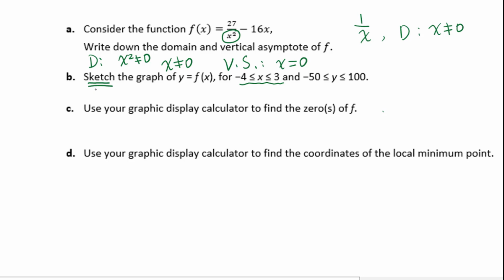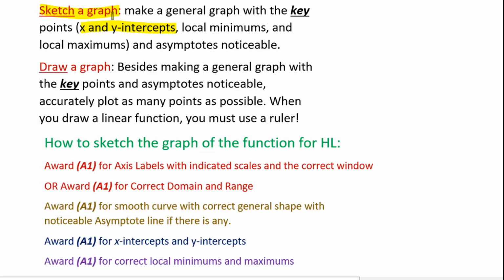For the IB exam, sometimes you need to draw a graph. Sometimes you need to sketch the graph. Sketch a graph means making a general graph with the key points and asymptotes noticeable. Key points means x and y intercepts, local minimums and local maximums.